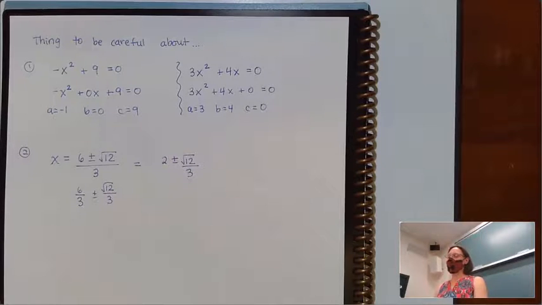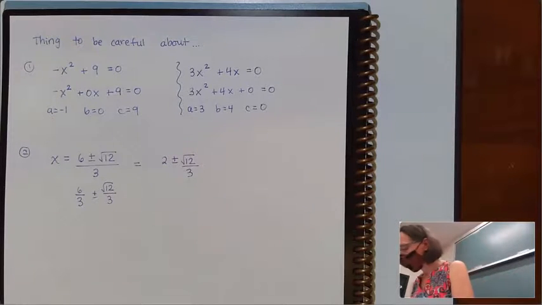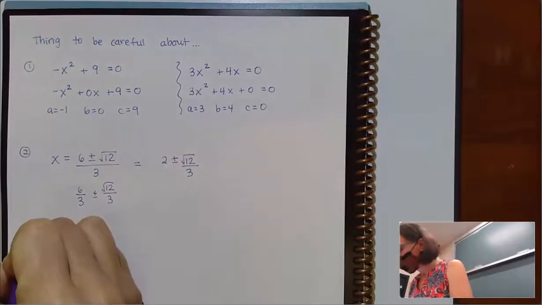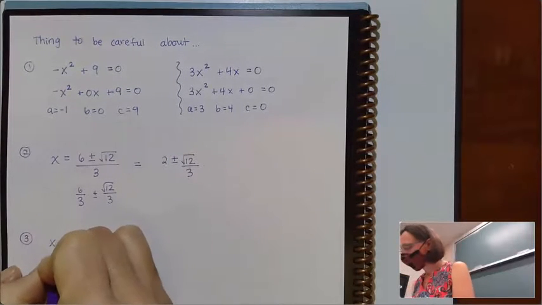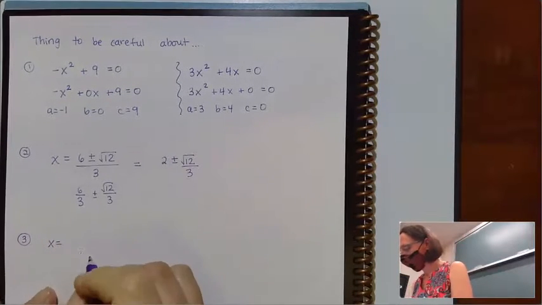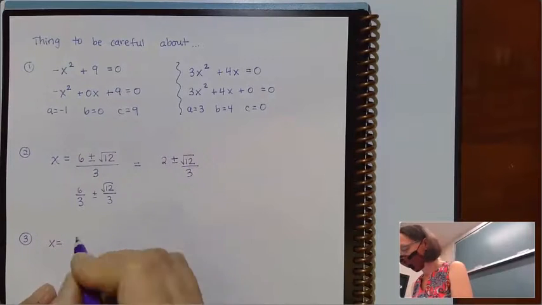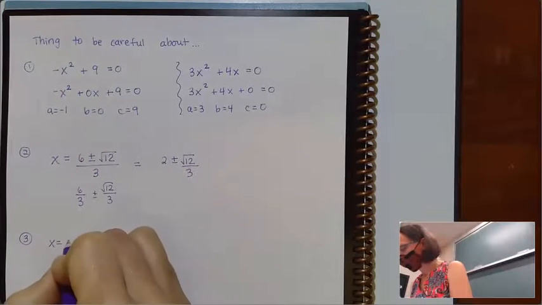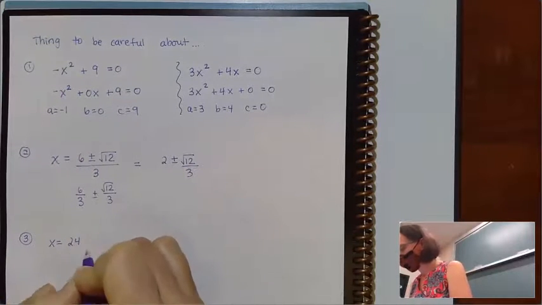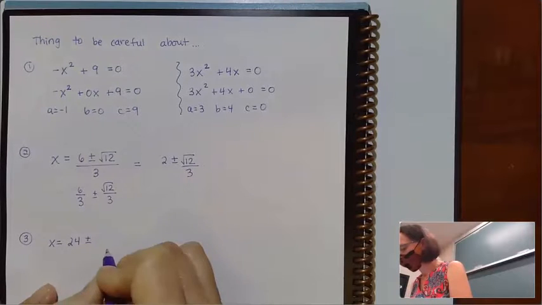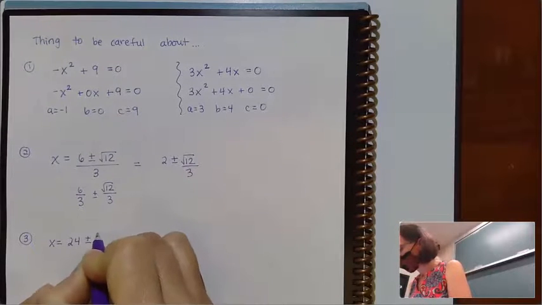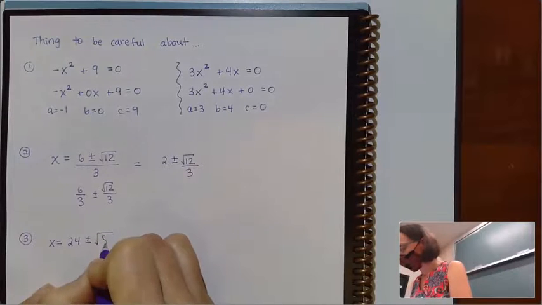This isn't so much a mistake, but it is something that happens occasionally that is useful. Sort of similar to what's going on here. Let me make a, okay, about 24 plus or minus the square root of 8.